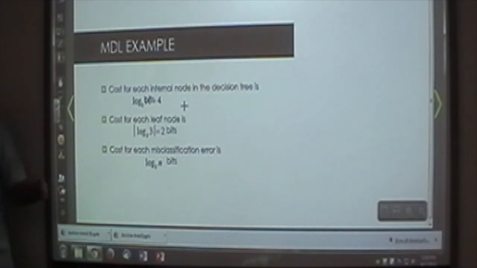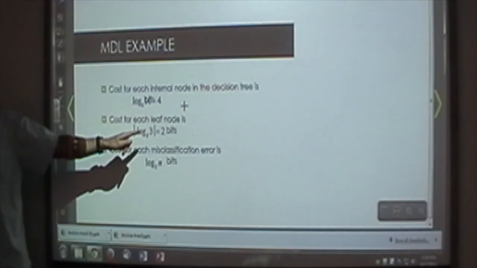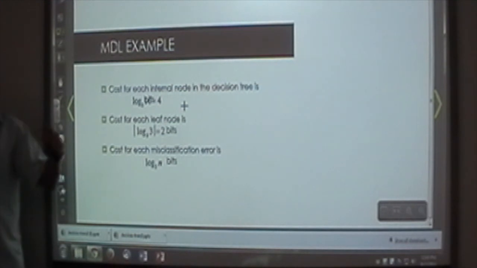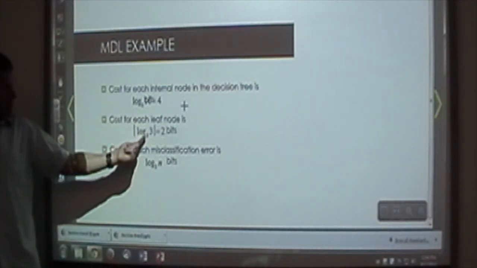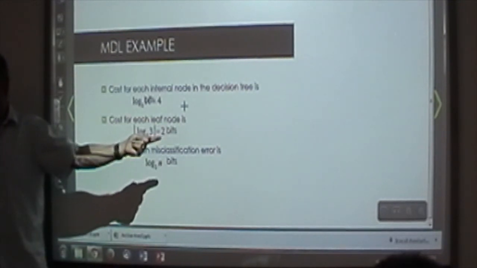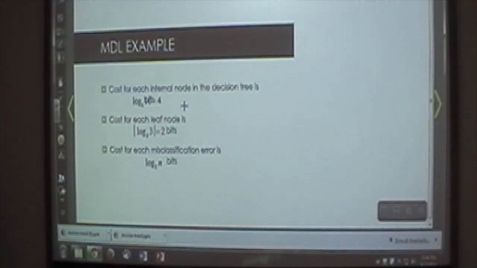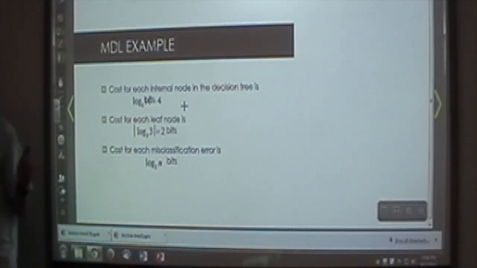The cost for each leaf node, and that should be a ceiling function here, it just doesn't display right here, but it's a ceiling of, so we've got how many classes? We had 3 classes. So the cost for each of the leaf nodes is the ceiling of log base 2 of 3, which is 2 bits. It's 1 point something bits, and then the ceiling means round up, right? And the cost for each misclassification error is log base 2 of n.